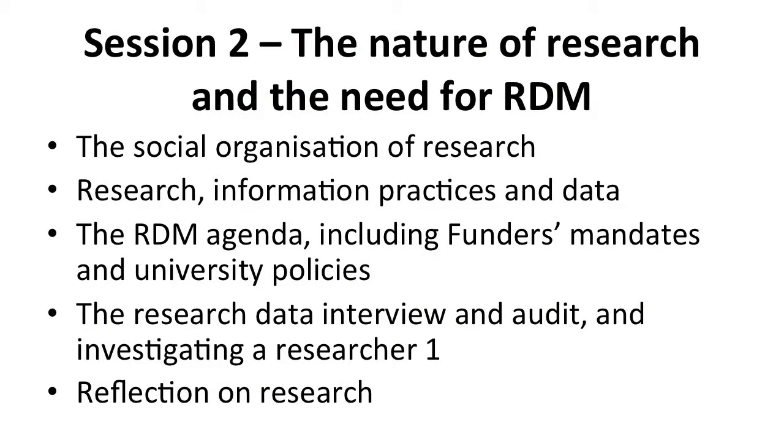A big part of the second session is looking at the theory of academic disciplines, academic tribes, and things like interdisciplinarity. It gives us some insight into why the data that researchers gather and use is so different, and therefore, for each researcher, what research data management means could be pretty different.